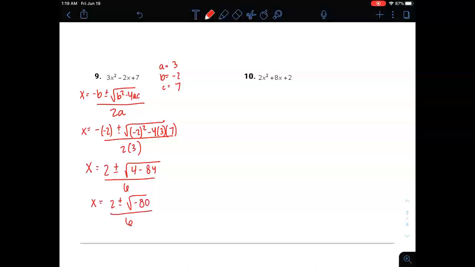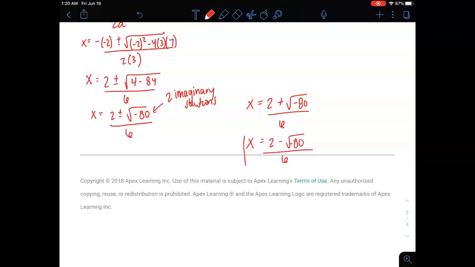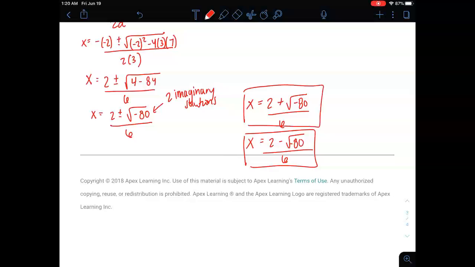So right now my discriminant is negative, so this means I'm going to have 2 imaginary solutions. My final answers are going to be x equals 2 plus the square root of negative 80 over 6, and x equals 2 minus the square root of negative 80 over 6. So those are my 2 solutions.